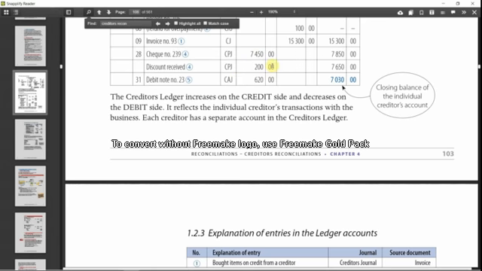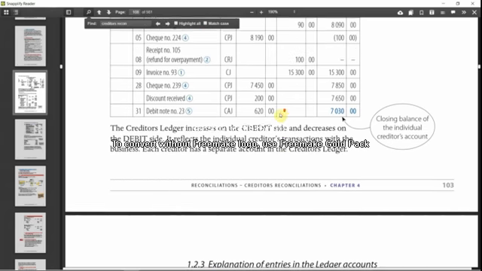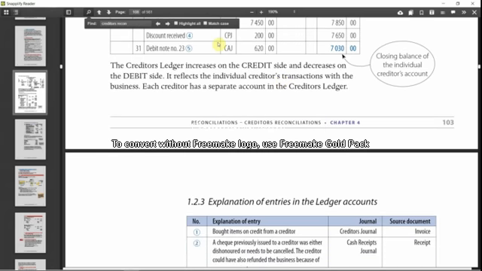So both will decrease how much we owe our creditors, so we will have to debit. And then when we return goods to our creditor, we owe less money, so liabilities increase on the debit side, so we will issue a debit note, and therefore we will debit the account of the creditor.